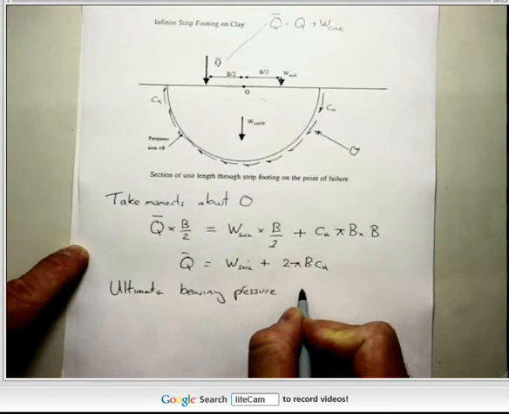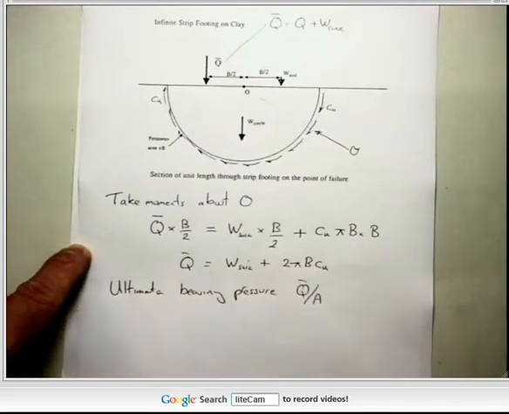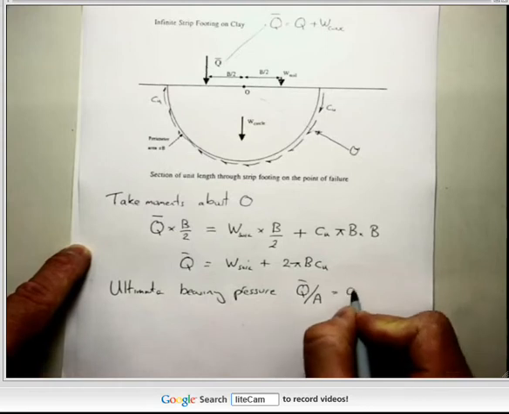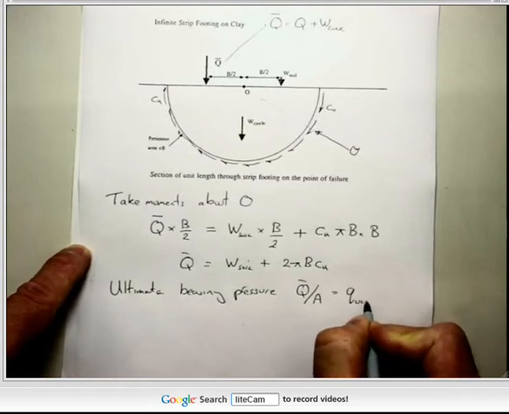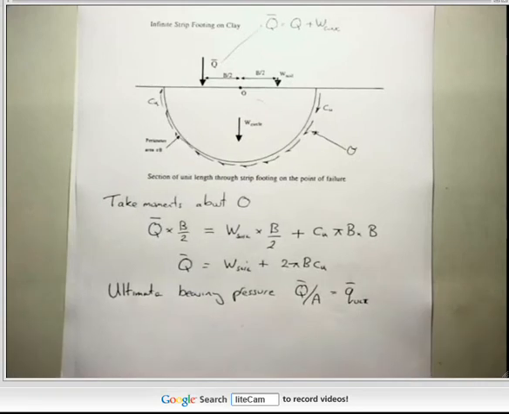which is equal to Q bar upon A, and I've used Q lowercase ult, and I put the bar above just to remind us at the moment that it's this combined structural plus foundation weight load. We'll drop that bar immediately in standard notation. That's just there to remind us what we've got.